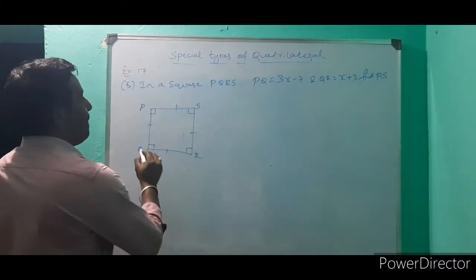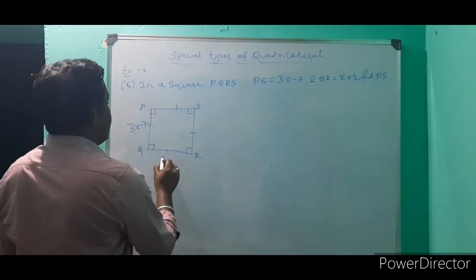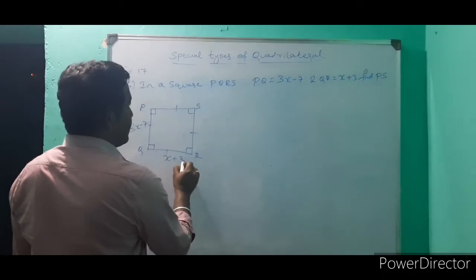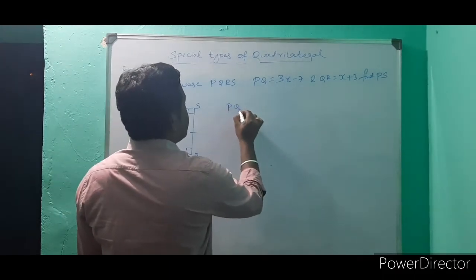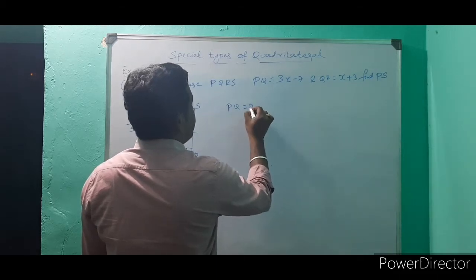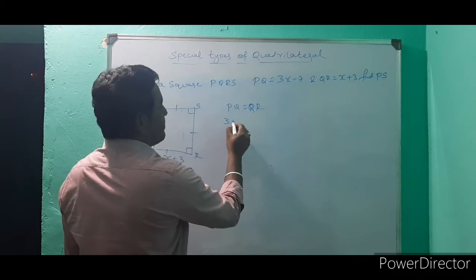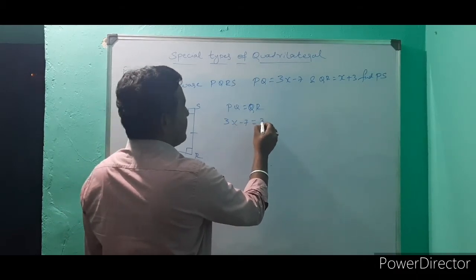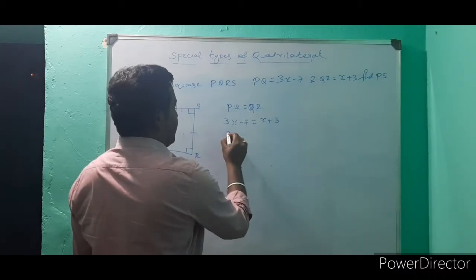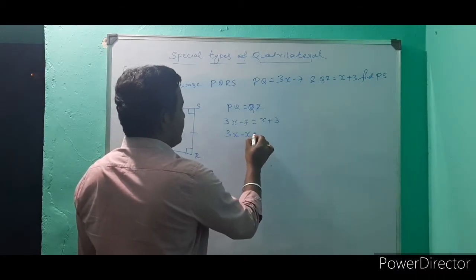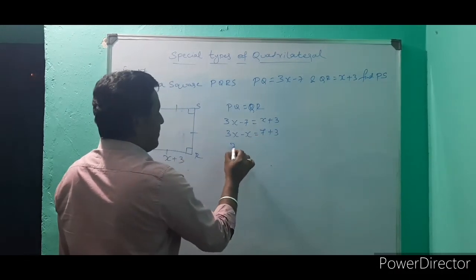So in that one, PQ is equal to 3x minus 7, QR is equal to x plus 3. That means PQ is equal to QR, 3x minus 7 is equal to x plus 3. Next, x you can shift to this side, minus x, and minus 7 you can shift to that side, plus 7.